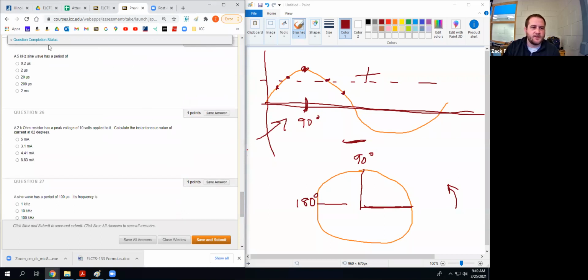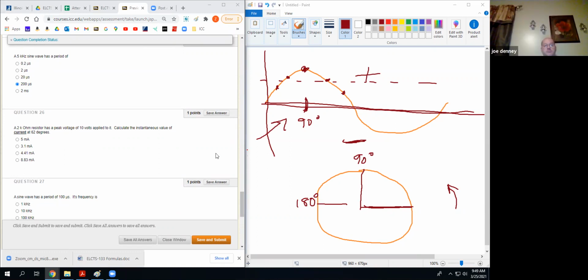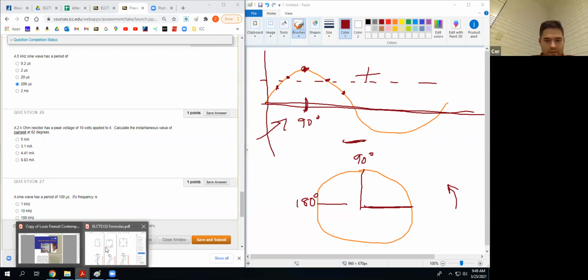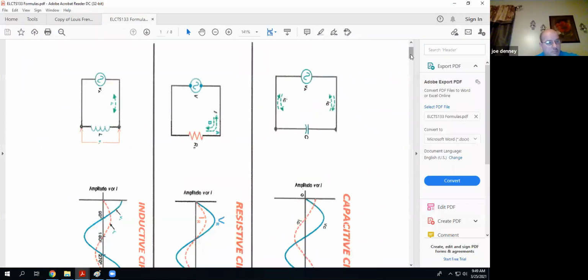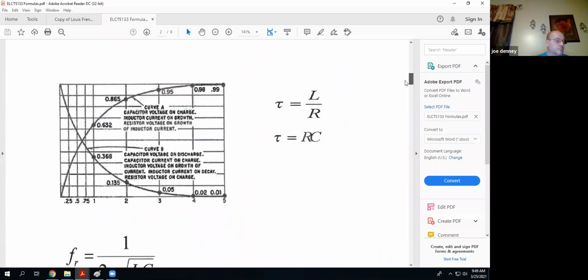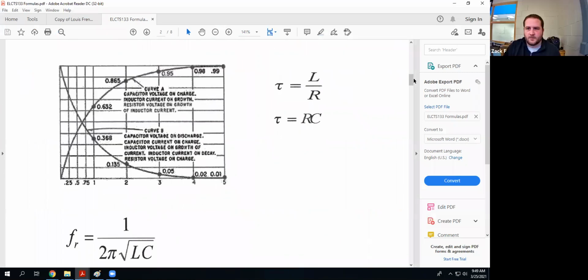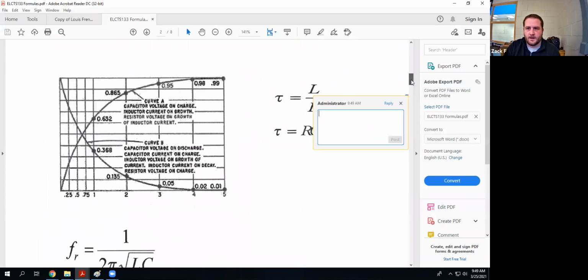A 5 kilohertz sine wave has a period of 200 microseconds. Everybody agree with that? How did you get that? Good question. On your formula sheet, 1 divided by 5.